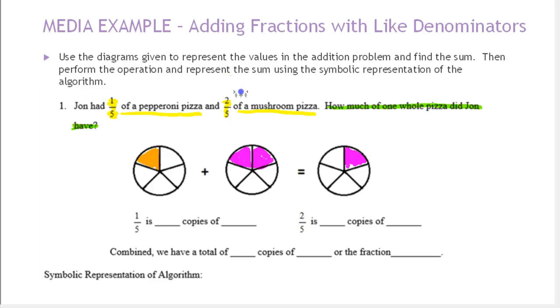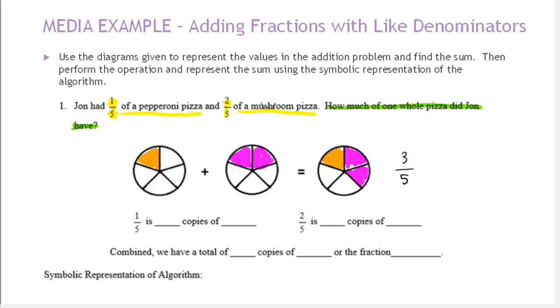So I'll start by putting the 2 mushroom here and the pepperoni in here. So relative to one whole pizza, even though they came from separate pizzas, John had 1, 2, 3 out of a total of 5 equal pieces, or 3/5 of the pizza.